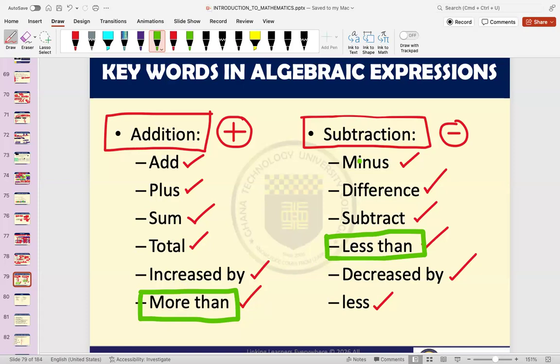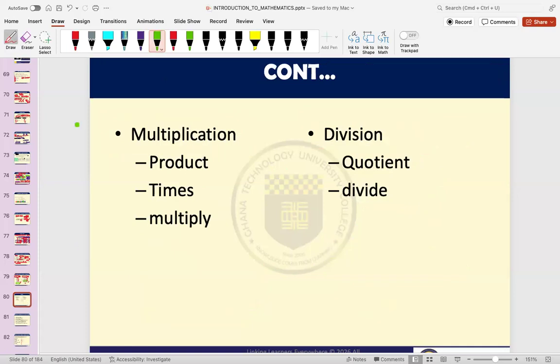All these other words can be used to represent either the positive or the negative conditions. And then, as you know, we have 4 basic operations: the positive, the negative, the multiplication, and the division.